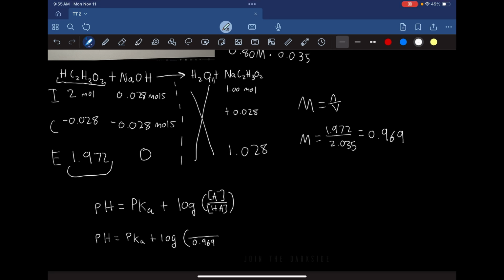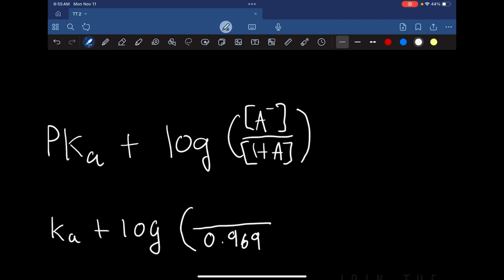Then let's do the same thing for the other one: 1.028 divided by 2.035, which is 0.505. And this goes as our conjugate base.